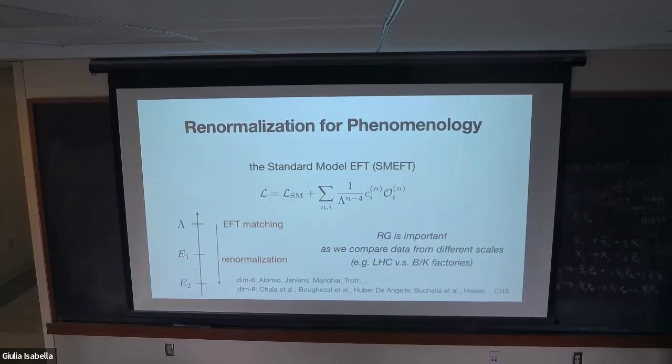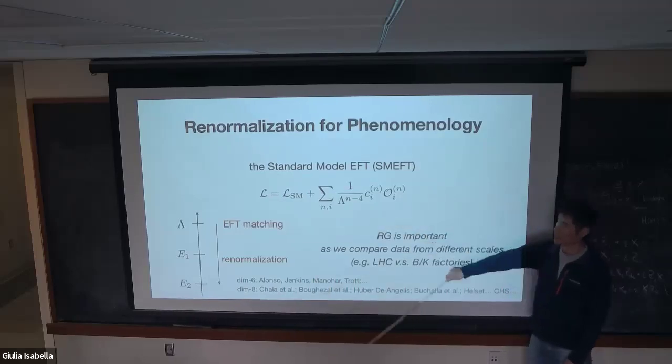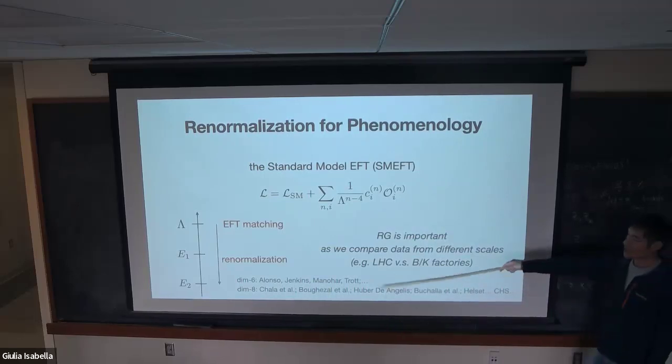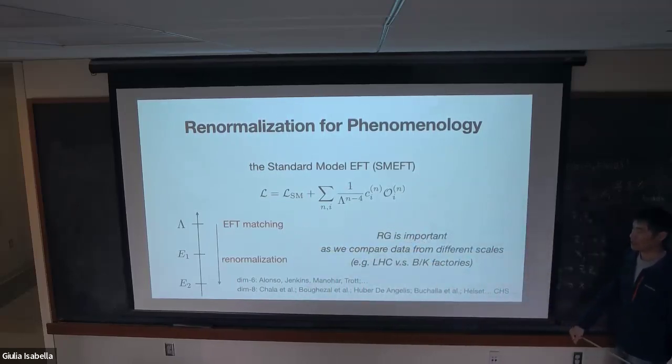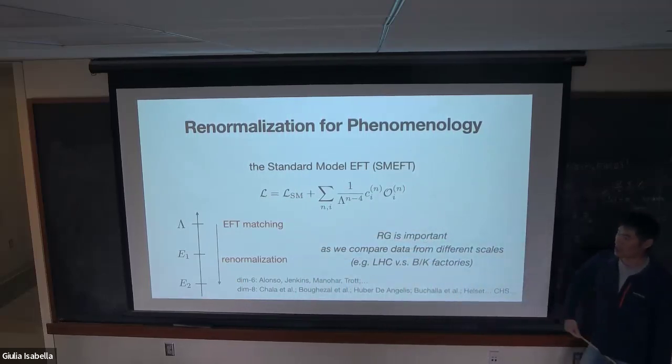The typical method for effective field theory is that we integrate out a new particle at the energy scale lambda, which is the so-called EFT matching. Once you go below that scale, say to LHC energy, you need to perform renormalization. This is relevant for two scenarios: first, the new physics scale lambda may be much higher than the experimental scale.